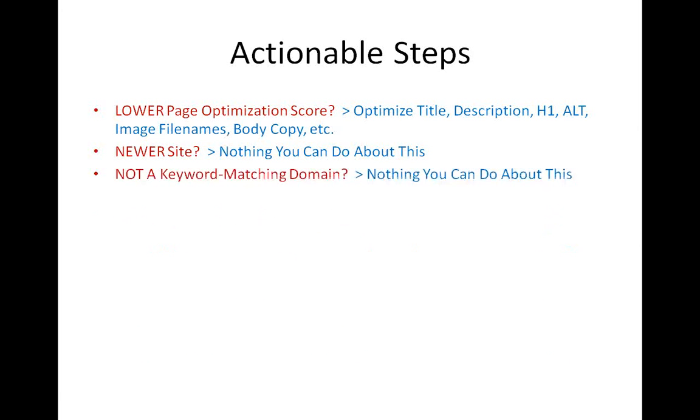So keep that in mind. And if the keyword is not in your domain, again, there's nothing you can do about that. If you have a very new domain with almost no history, then you can probably get another domain with a keyword in it. But if you already have a website that has been around for a while, I don't recommend starting all over from scratch with a new site just because it has the keyword in the URL.